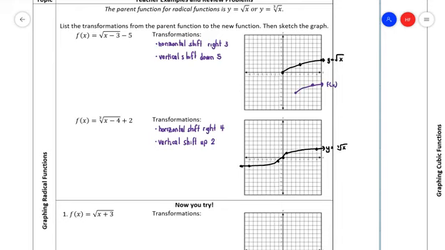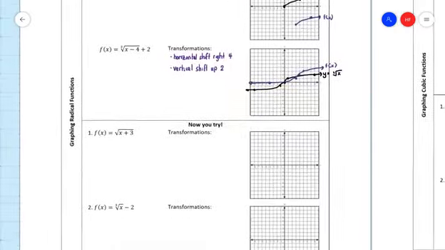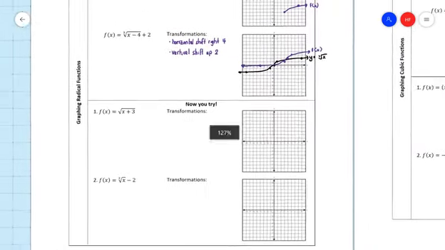I'm going to take each of those points and move it to the right 4 and then up 2. And I'll connect those points. And that is my new function, f of x. So make sure that you are comfortable with listing the transformations that are happening to a graph.